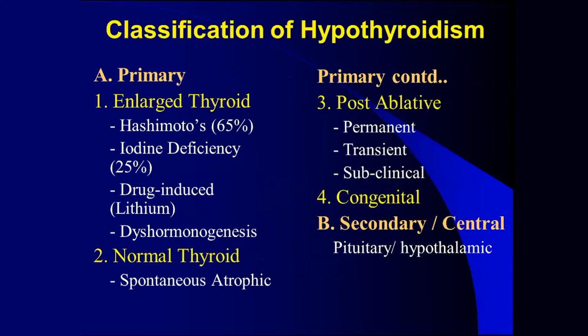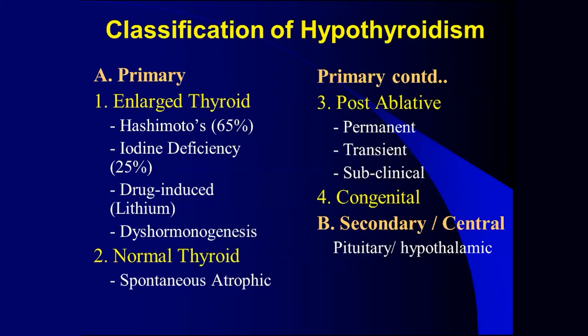Coming to the classification of hypothyroidism, basically there are two main categories: primary hypothyroidism and secondary or central hypothyroidism. Amongst the primary hypothyroidism, you could have hypothyroidism with enlarged thyroid like Hashimoto, iodine deficiency, drug-induced like lithium, amiodarone or dyshormonogenesis, and hypothyroidism with normal thyroid. We could have a post-ablative hypothyroidism, or we could have a congenital hypothyroidism in newborn children.